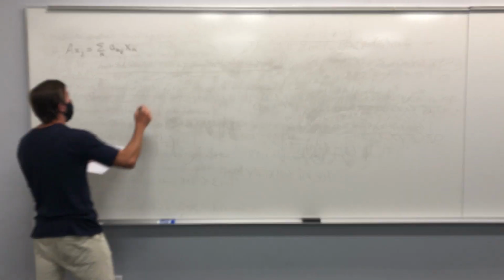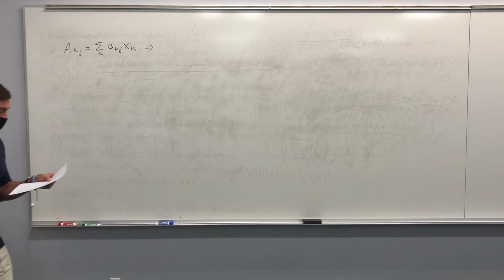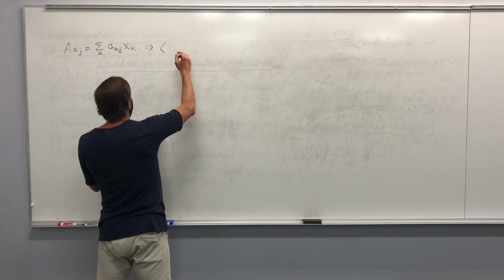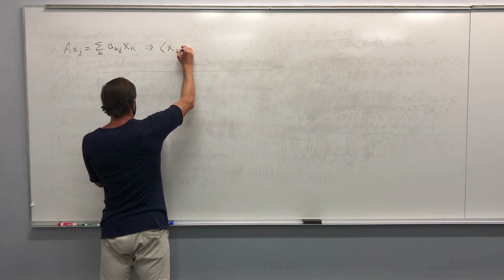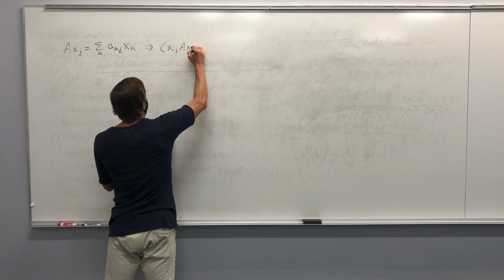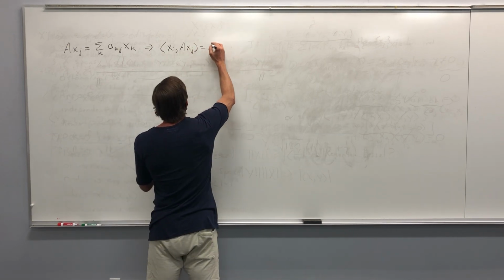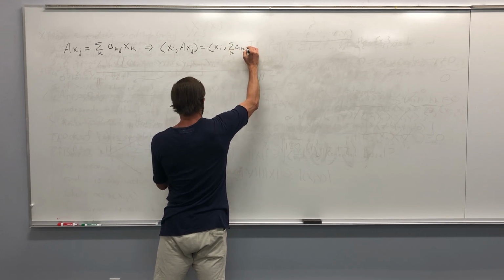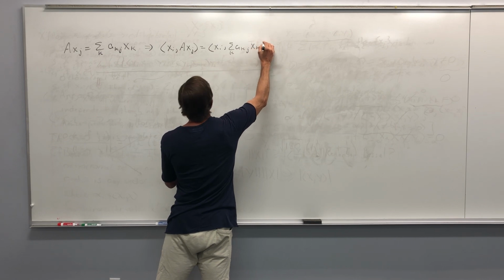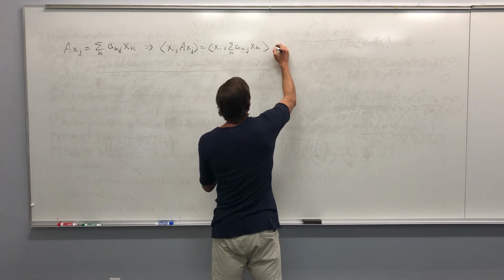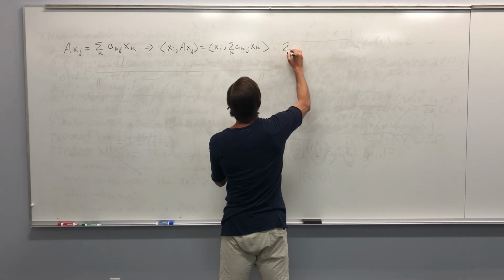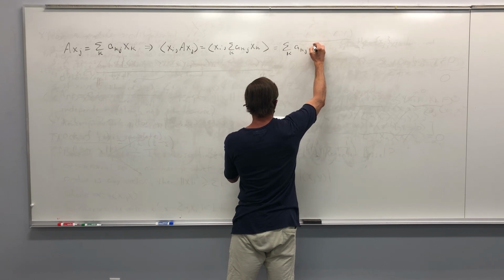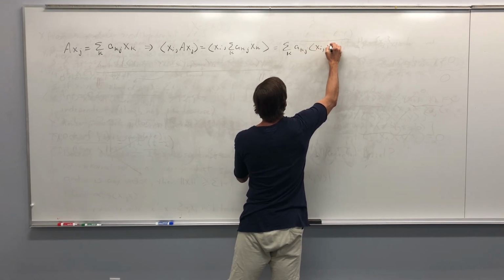Okay. And now what we can do with the inner product in hand, and assuming that the x's are orthonormal, is we can say, if I take the inner product of xi with the linear transformation of xj, then this is just going to be xi times the sum over k, a k j, xk. Which is, of course, just the sum over k, a k j times the inner product of xi and xk.